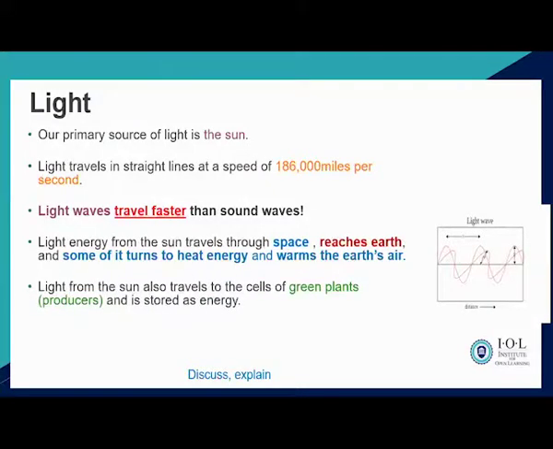The light from the sun also travels to the cells of green plants, and is stored as energy. Plants normally absorb the light through the green pigment, which is chlorophyll, that is found in the plant chloroplast.